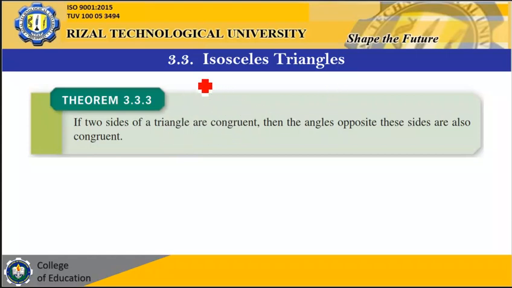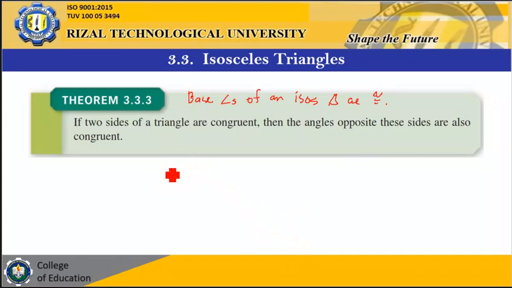So actually this theorem is also known as the base angles of an isosceles triangle are congruent. Okay, that theorem is simply phrased as the base angles of an isosceles triangles are congruent.